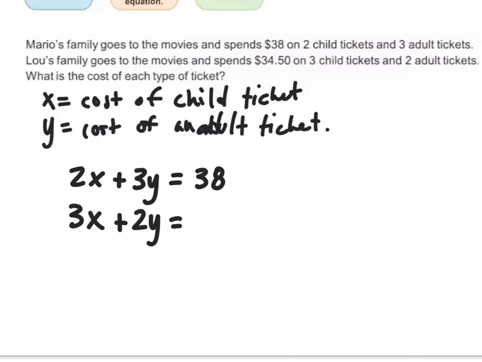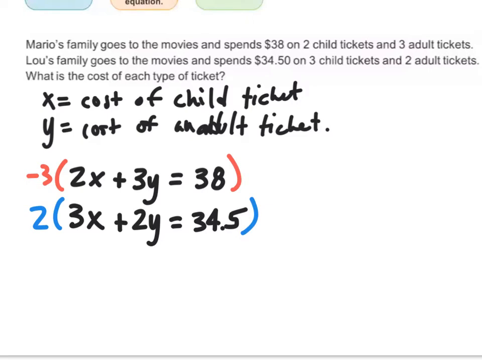And that's going to give me a total of $34.50. Now, I want to figure out the cost of each of these. So I'm going to multiply this top equation by -3, and I'm going to multiply this bottom equation by +2.